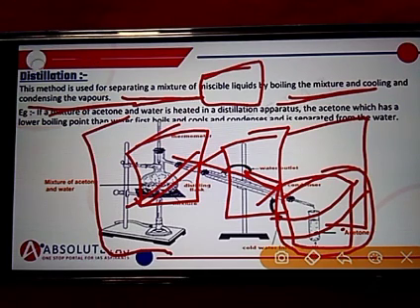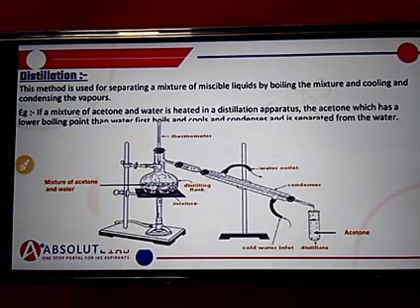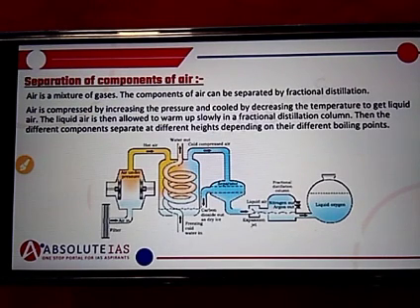Basically, distillation is the process to separate a mixture of miscible liquids that have different boiling points. Now there is the separation of components of air. This shows how the separation of components from the air is done.